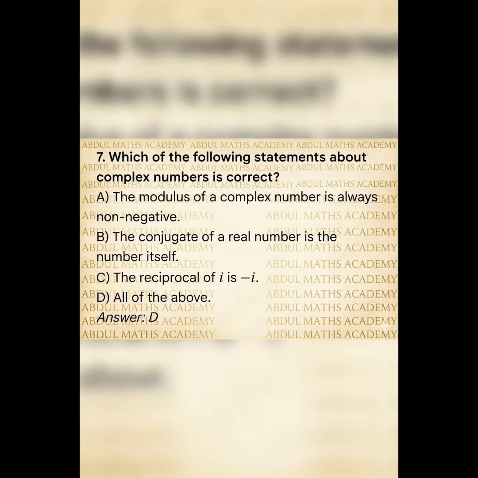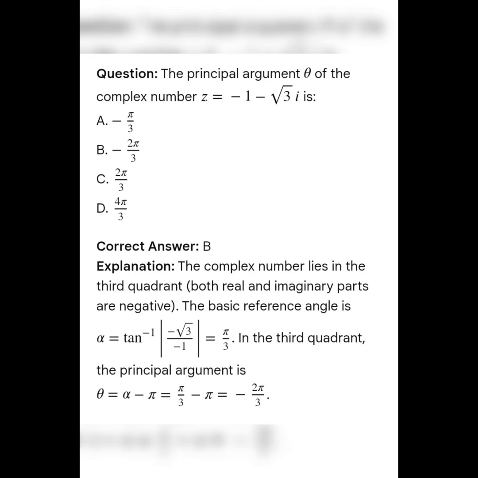The next MCQ is, the principal argument theta of the complex number minus 1 minus iota root 3 is? Here the real part is equal to minus 1 and the imaginary part is equal to minus root 3. So the angle alpha is tan inverse of y by x, or b by a, which is equal to tan inverse of minus root 3 by minus 1, which is tan inverse of root 3, equal to pi by 3.